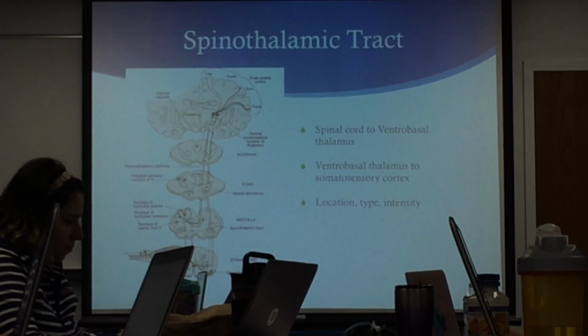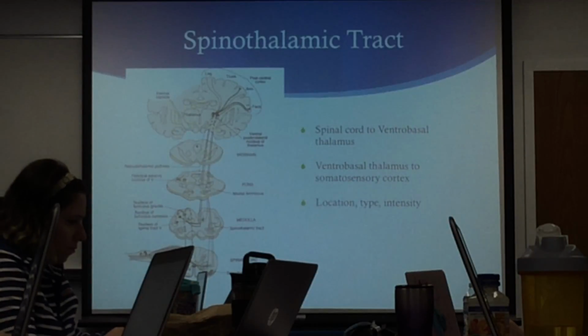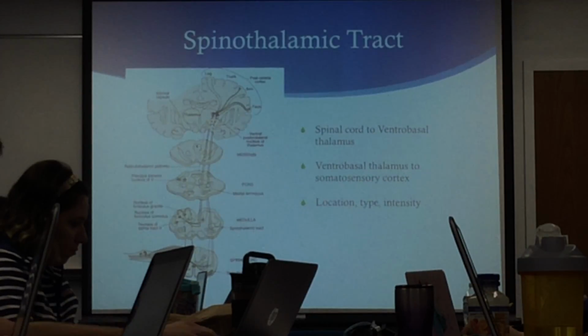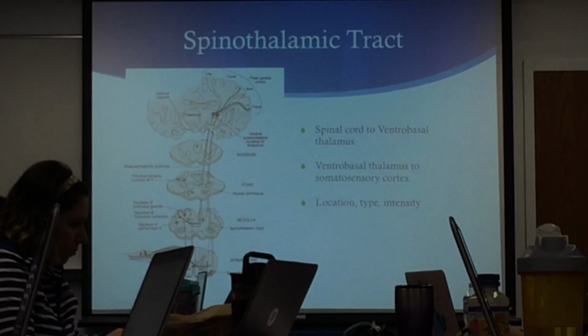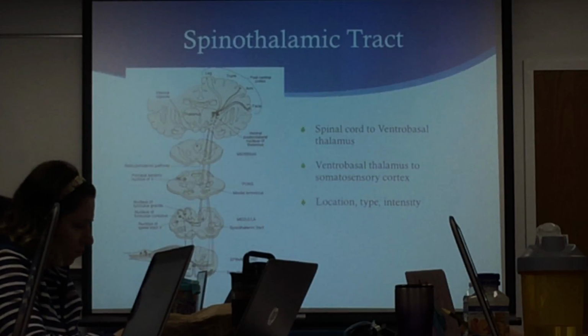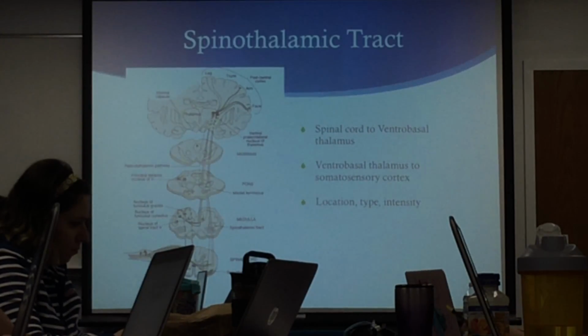The second order neuron has cell bodies in the dorsal horn, and they send very long axons. They cross to the ventral opposite side of the spinal cord, and then they traverse up through discrete pathways all the way up to the midbrain, to the ventral basal thalamus. So these axons are extremely long. They cover the entire length of your spinal cord and synapse up into the ventral basal thalamus.